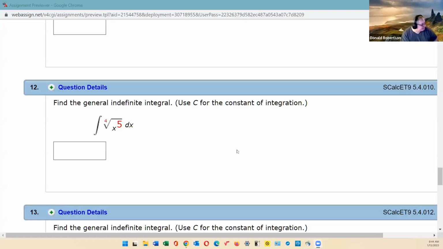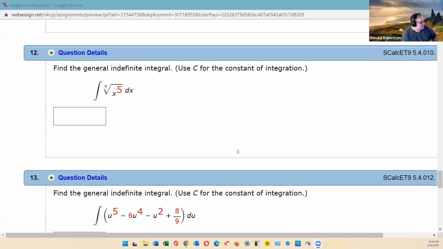Let's return back to the homework questions then. Some questions are as simple as they look, so don't overthink it. How would I rewrite the 4th root of x to the power of 5 so I could get its antiderivative?